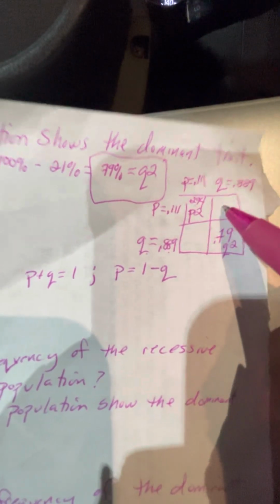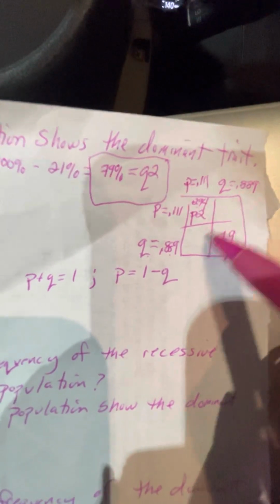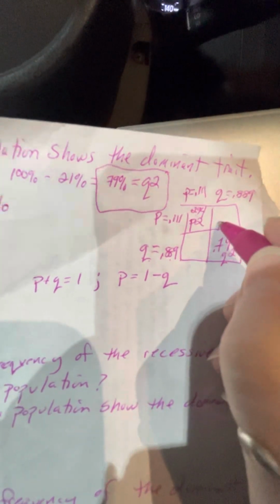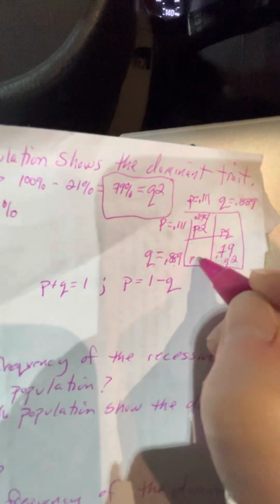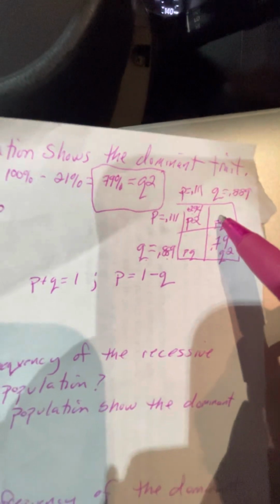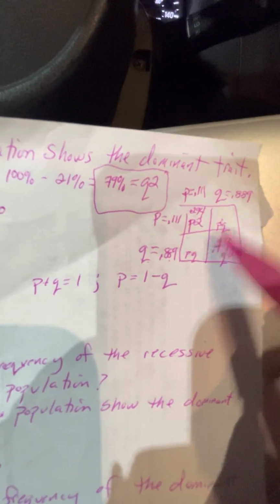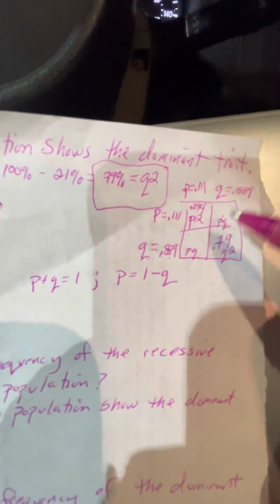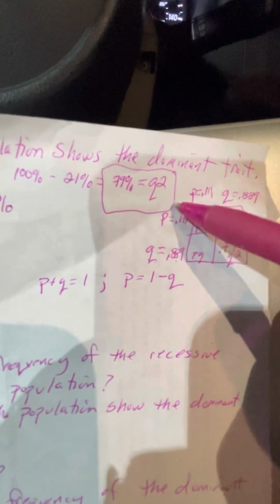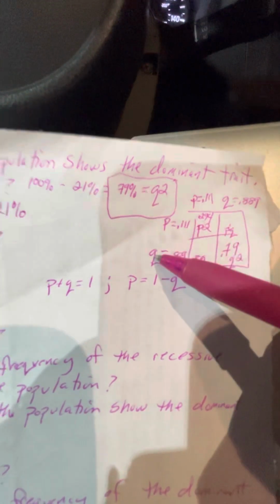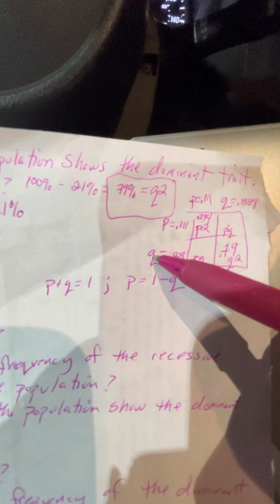Now I can figure out my two missing boxes, my PQ and my other PQ. These would be our 2 PQs. On the outside boxes, you have P plus Q equals 1.